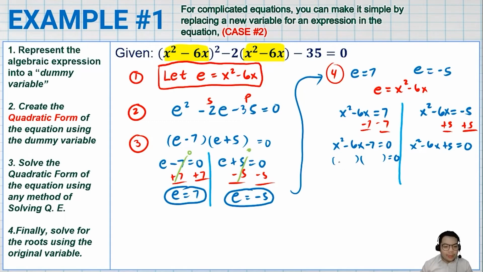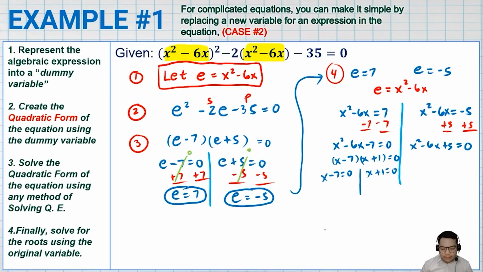So our answer could be x minus 7 and x plus 1, di ba? 1 times -7 is -7. -7 plus +1 is -6. So, ang factors natin dito, hatiin natin to ulit. So, we have x minus 7 is equal to 0 and x plus 1 is equal to 0.